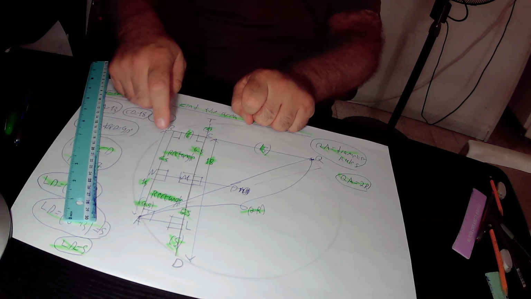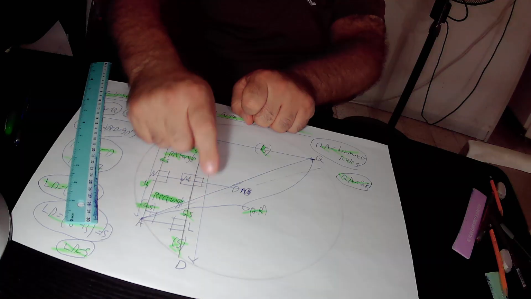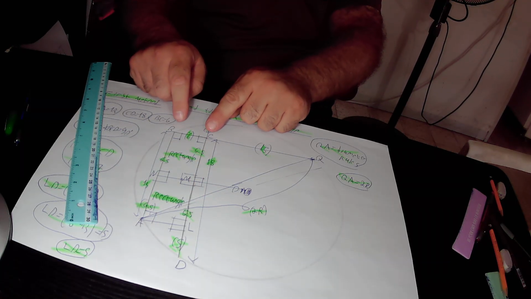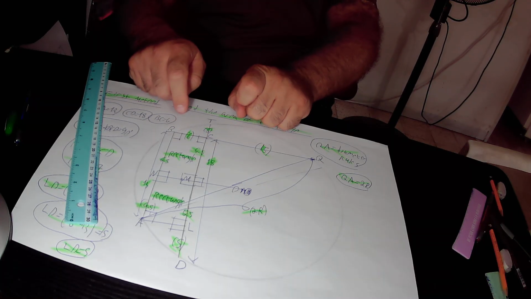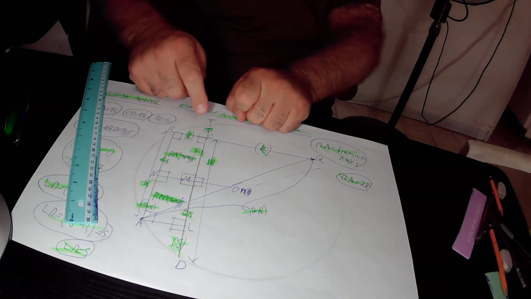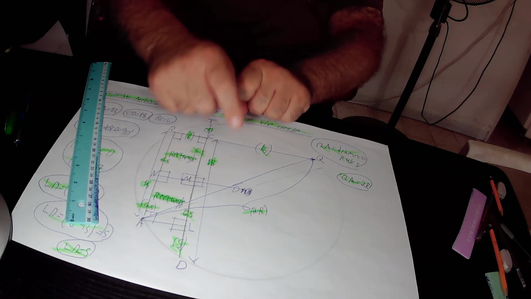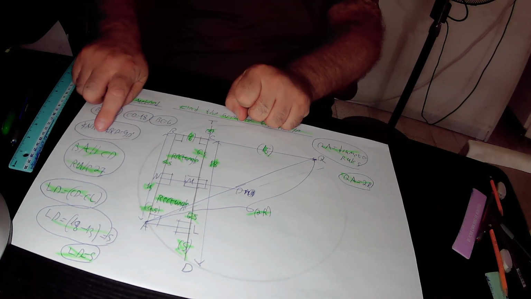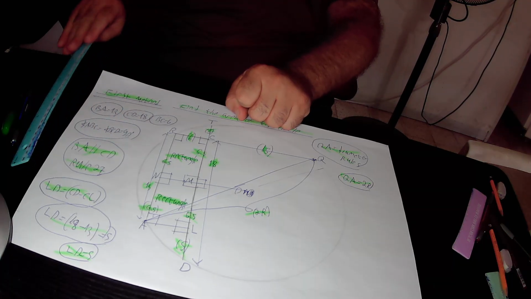That is to say, chord BA is parallel to line CD according to rule 27.